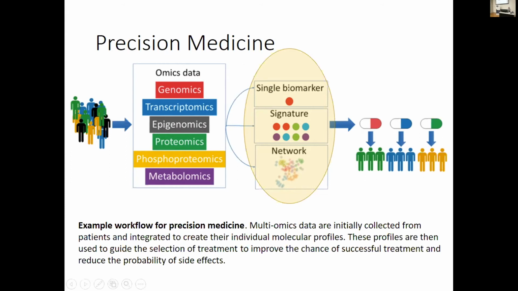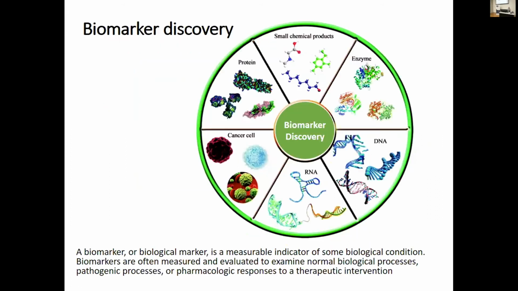These types of signatures or biomarkers will help us stratify patients into different groups and make the treatment specialized for that specific person. And this is what we call precision or personalized medicine.